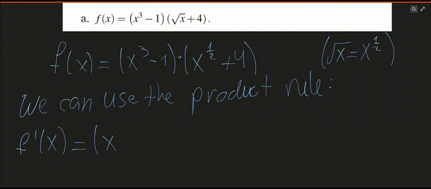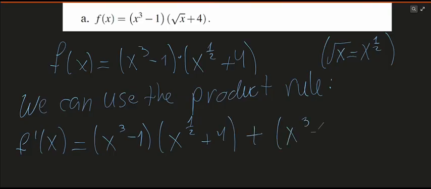Take the function as is, the product that is defining the function, and then add to it another copy of the product. That's if you want to remember it. You can also put it on your cheat sheet, the product rule. For the first product, the apostrophe goes on the left term in the product, and for the second product, the apostrophe goes on the right term.